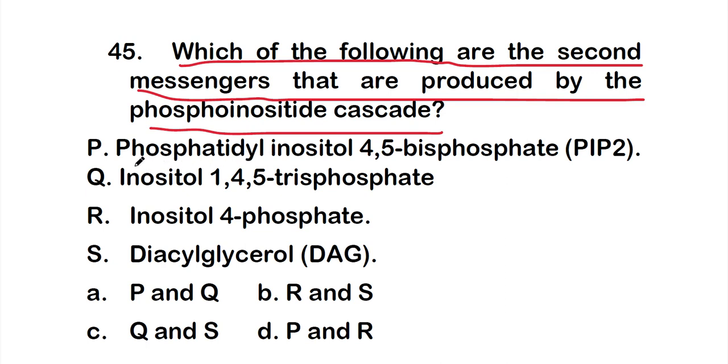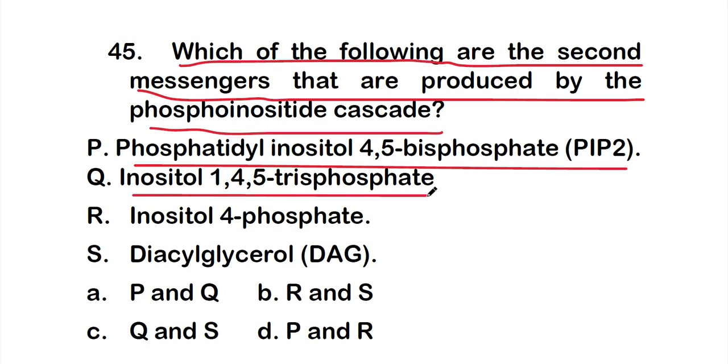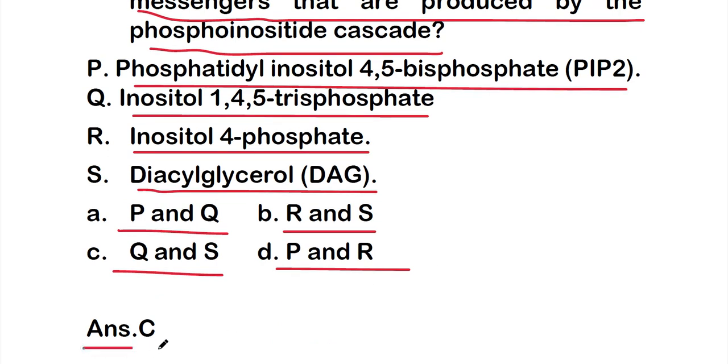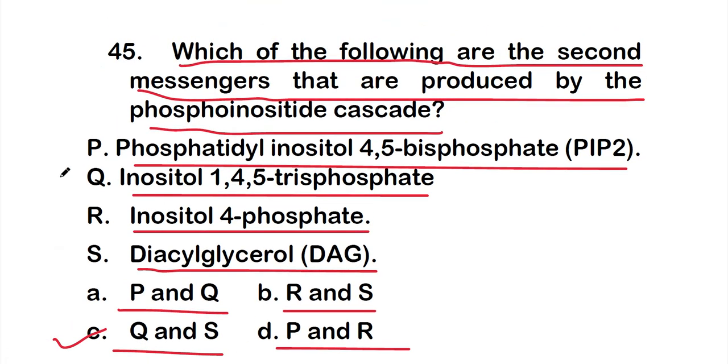Option P, phosphatidylinositol 4,5-bisphosphate, PIP2, option Q, inositol 1,4,5-triphosphate, option R, inositol 4-phosphate, and option S, diacylglycerol, DAG. The options are: A, P and Q, B, R and S, C, Q and S, or D, P and R. The right answer is option C, Q and S: inositol triphosphate and diacylglycerol.